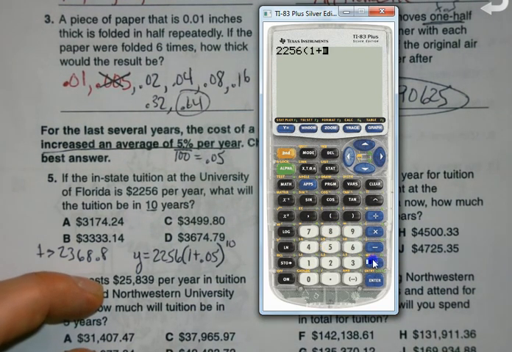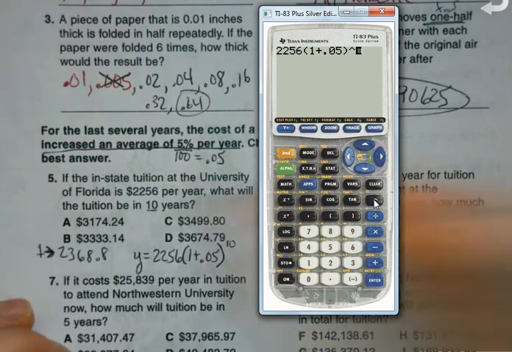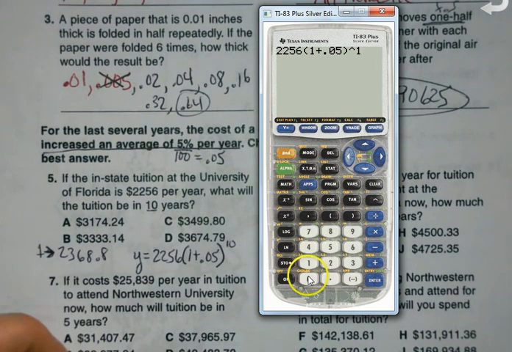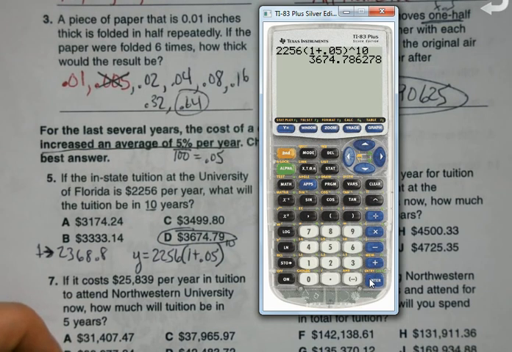So I can use my growth. And again, that 10's an exponent, so I got to use the little caret button right here. My arrow didn't show up real well. And you'll notice the answer I get in one step is much better.